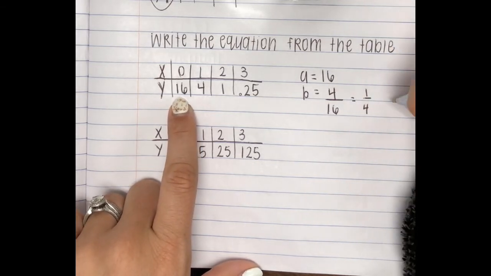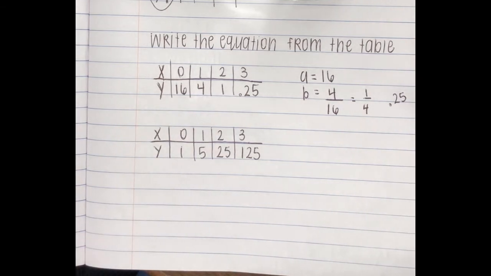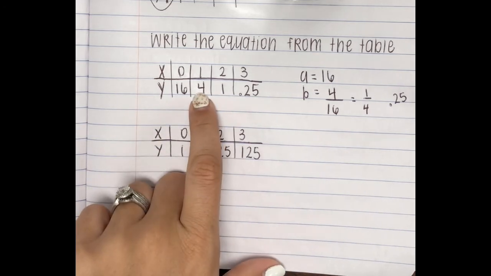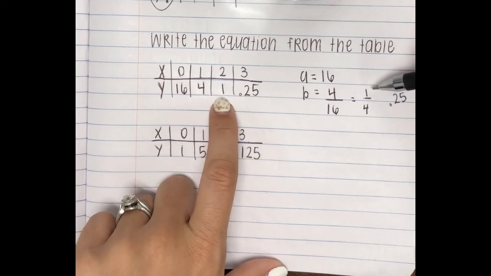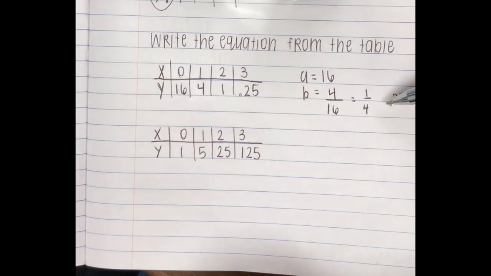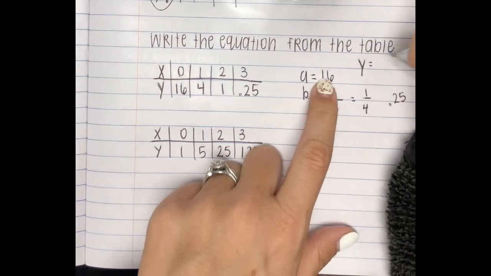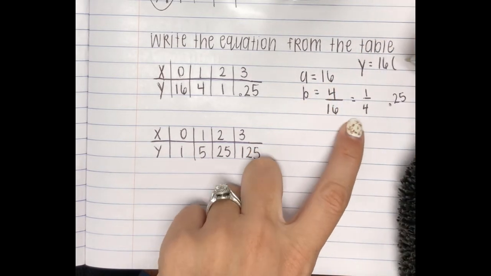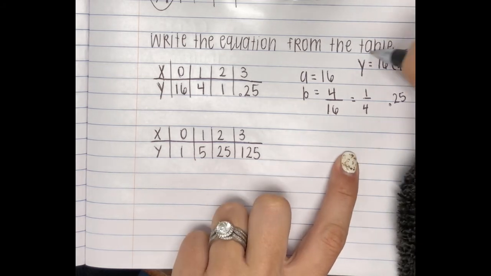Or as a decimal, would give you 0.25, okay? So you would do it again. 1 divided by 4 would be 1/4. 0.25 divided by 1 would be 1/4. So that would be our b value. So our equation would be y equals our a times our b raised to the power of x.